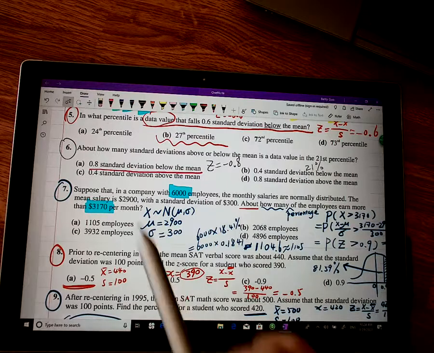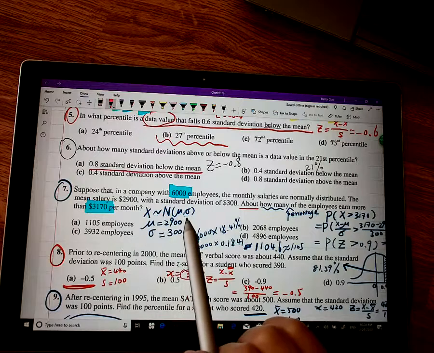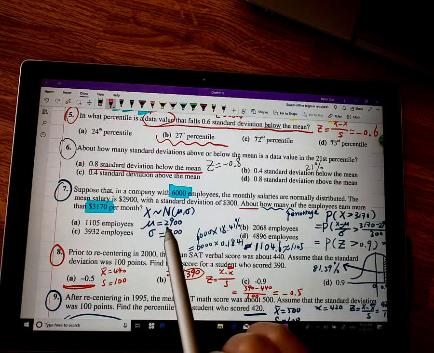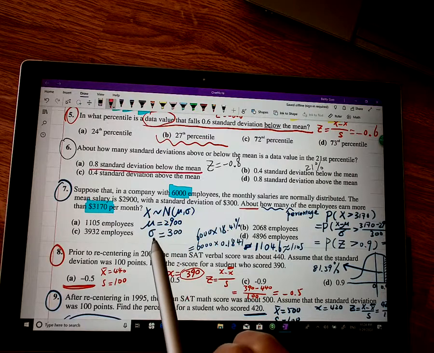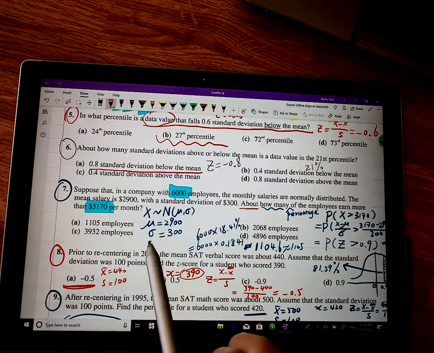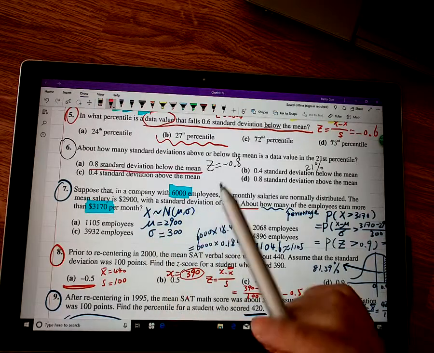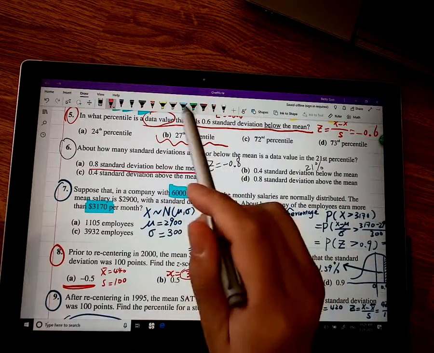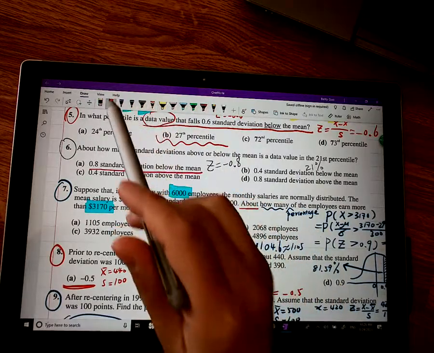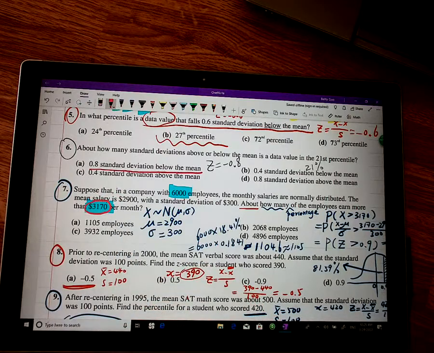So firstly, we know the population is normally distributed, with mean 2,900 and standard deviation 300. Okay. So we have a special value here, 3170.